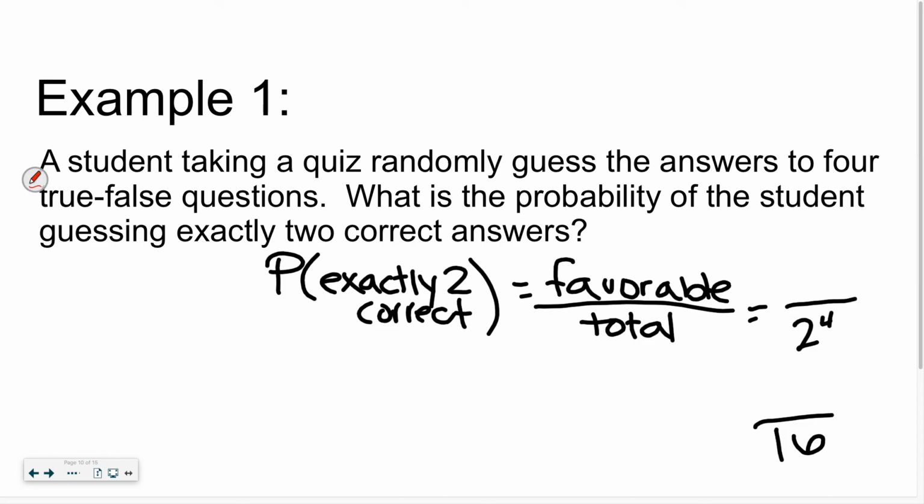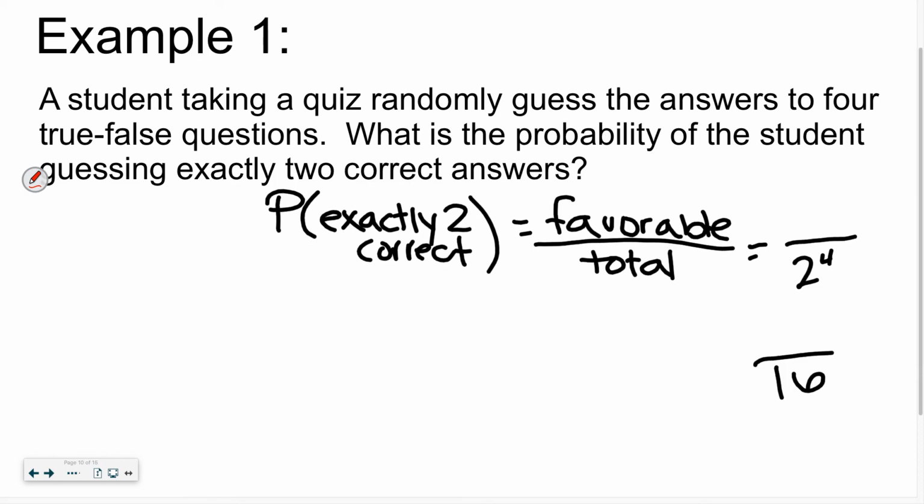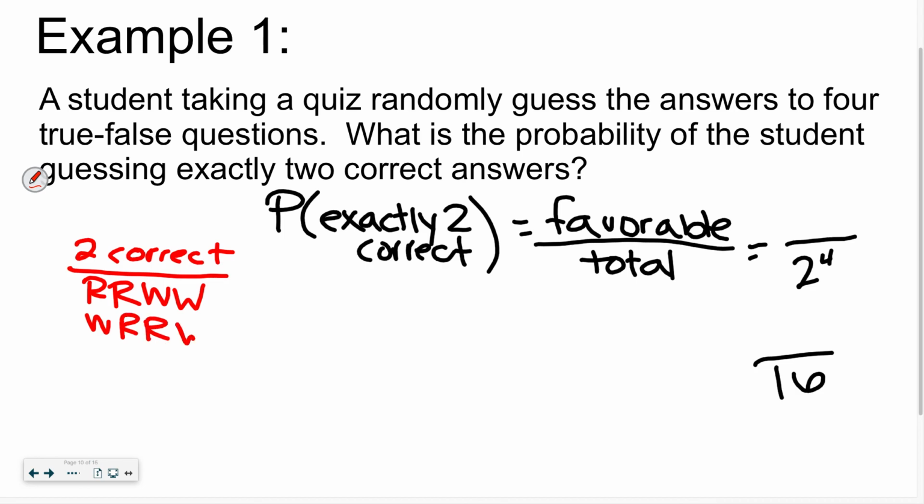And then we need you to answer and get exactly 2 correct. So think about if you were answering 4 questions, I'm maybe going to create my own little sample space of 2 correct. I do this for the dice problems too. I'm going to use R for right and W for wrong. Couldn't I do right, right, wrong, wrong? Or wrong, right, right, wrong? Or wrong, wrong, right, right?